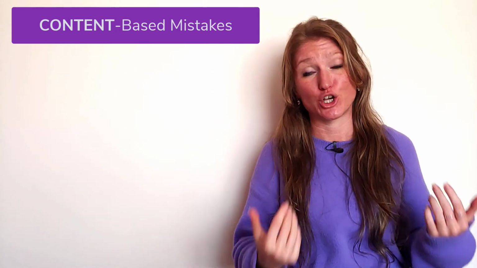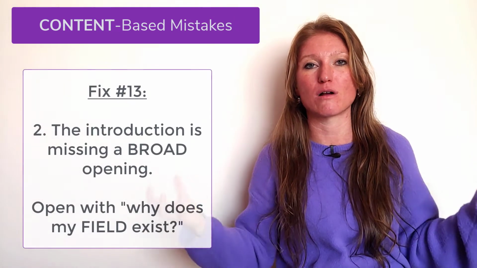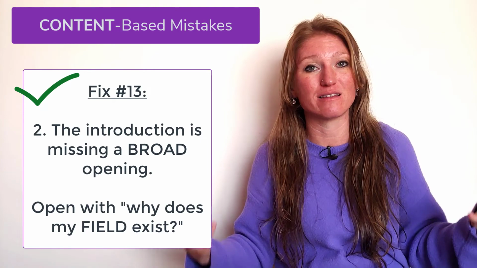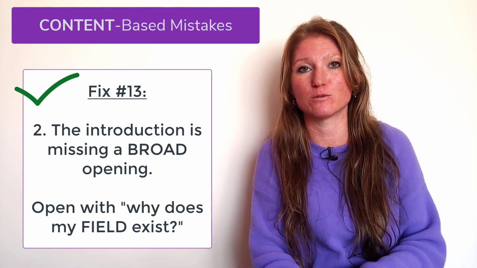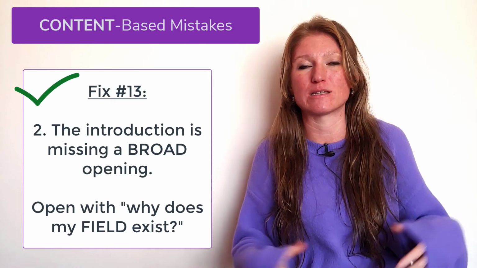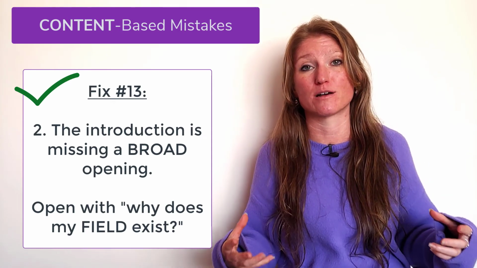Next, the importance could be missed because the introduction is missing a broad introduction. So at the beginning, remember the reader is likely not going to be an expert in our field. Though they may be a scientist, they might not quite understand the overall arching importance of our field.